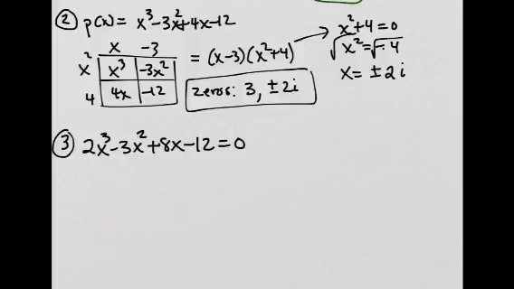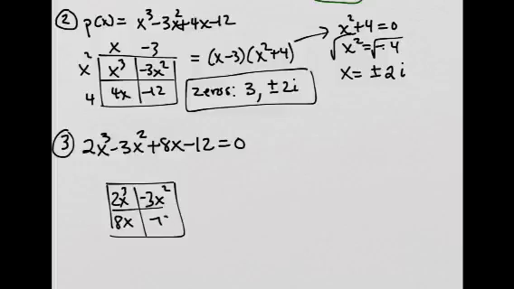So now we're solving the polynomial equation, finding all the roots. I'm going to see if it factors like this. If it doesn't, this is a very fast check, so it's not really wasted time. At least you know that it didn't factor this way. So I can factor out an x squared, 2x minus 3, and 4. 4 times negative 3 is negative 12.